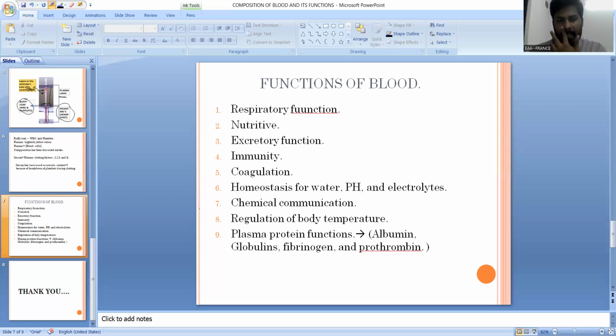And coming to chemical communication, how does it do the chemical communication? That is by hormones, right? The hormones which are released from, let's say, the pituitary gland, how do they act on the effector organ? I'm just giving a small example. Let's say follicle stimulating hormone.